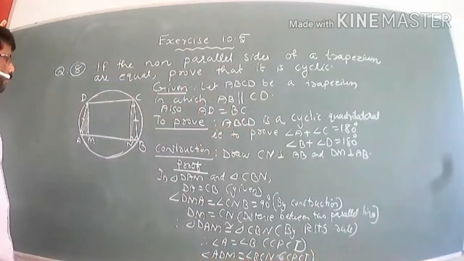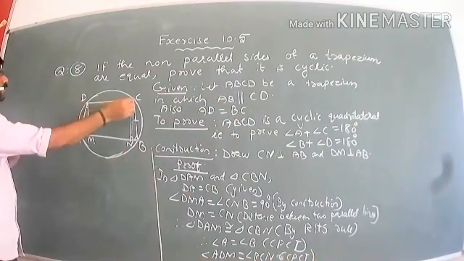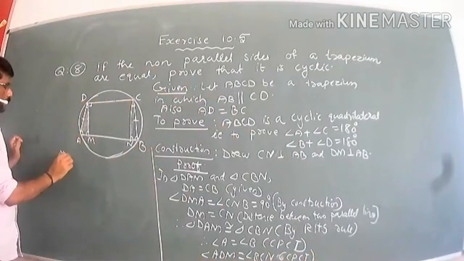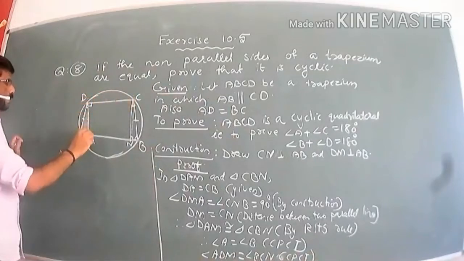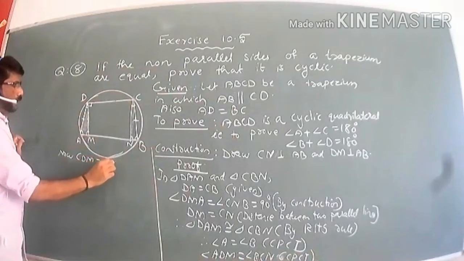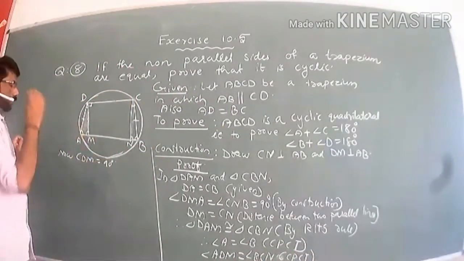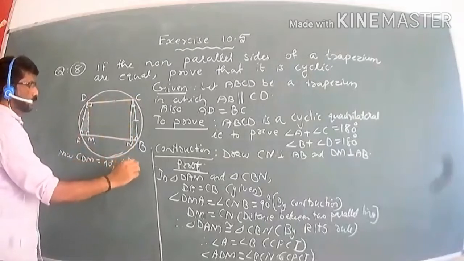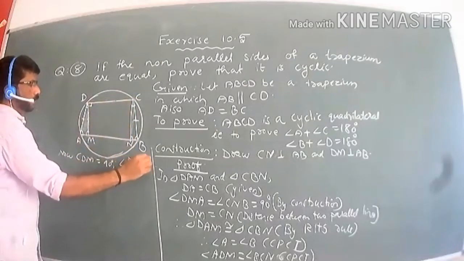So that we have proved. Now you know that if this is perpendicular, here also it will be 90 degree. So now angle CDM is equal to 90 degree, and angle DCN also 90 degree by construction.